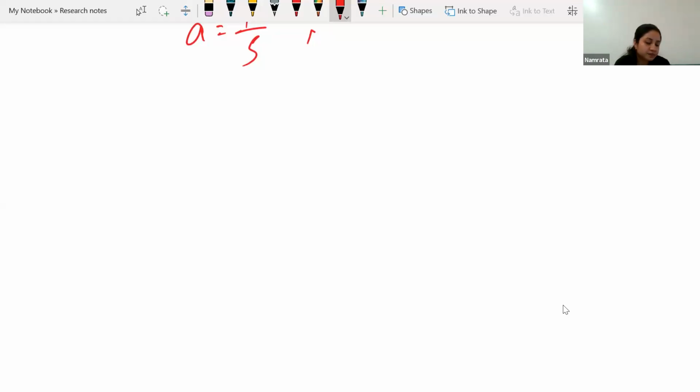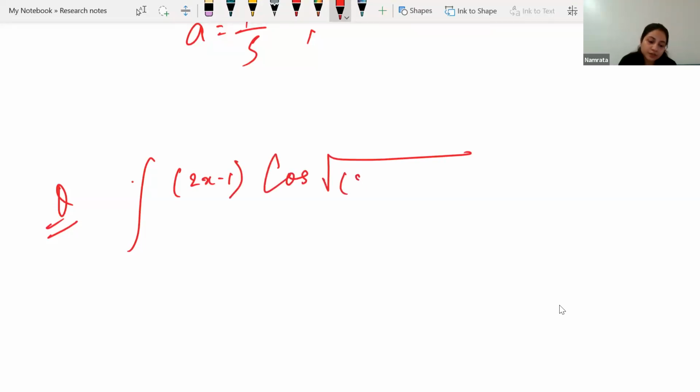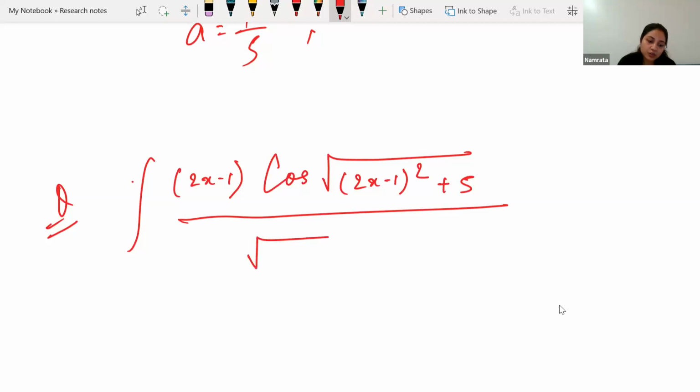Now the next question. If we are having the integral of 2x minus 1 times cos of under root 2x minus 1 whole square plus 5, in the denominator we are having under root 4x square minus 4x plus 6, dx.